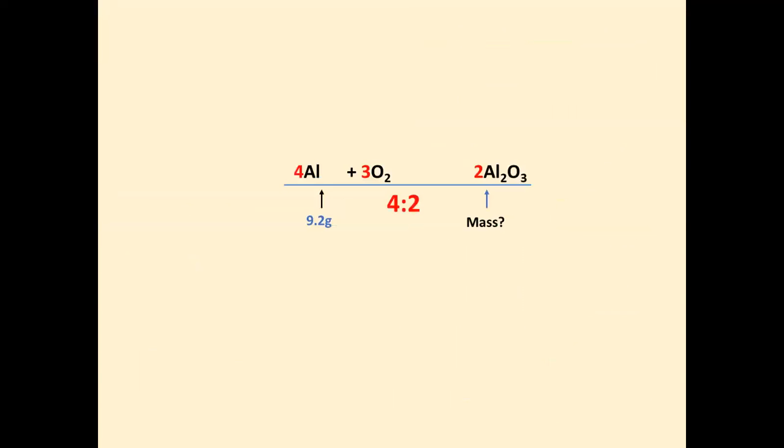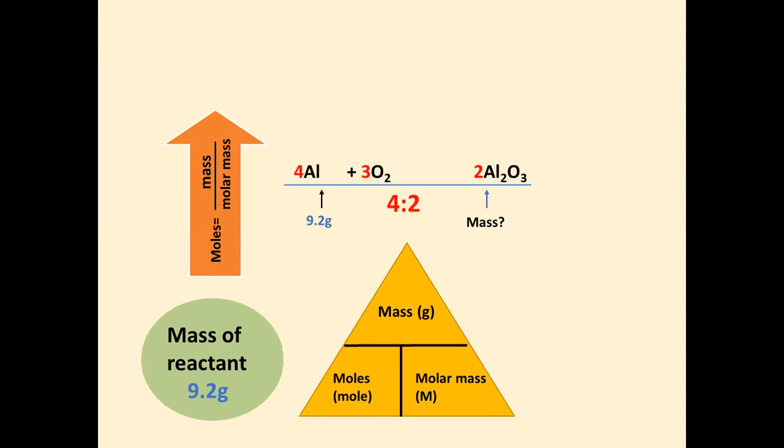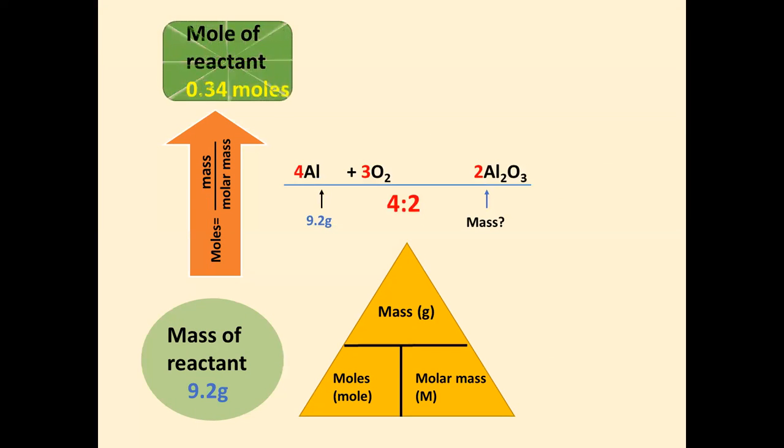We are using the following method. For example, if the aluminium reacts with oxygen and produces aluminium oxide, on the basis of the balanced chemical equation, first we have a molar ratio of 4:2, and second, we have a given mass. So we need to convert this given mass into the mole by the formula mass over molar mass.